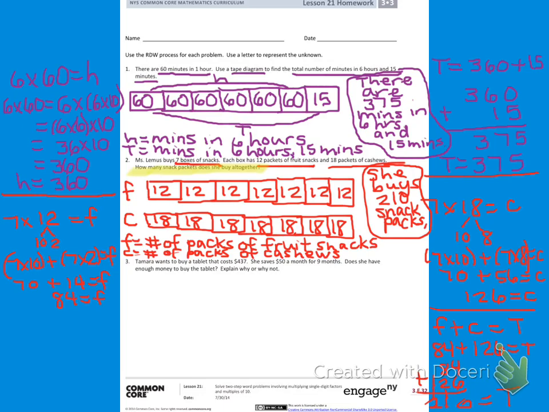As you can see, that took a lot of room to solve all those problems. And I don't have scratch paper here that I can use so that you can see what I'm doing. I would recommend you use scratch paper. That way, everything will be much neater on your paper. Don't forget to label your problems so your teacher knows what problem goes with that scratch paper. Then staple it to your homework sheet.